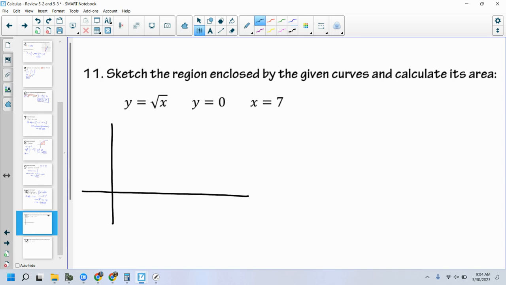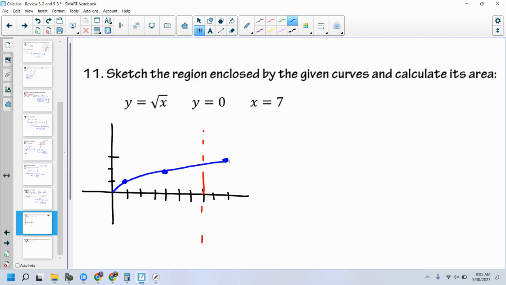So sketching the graph. I know I have y equals 0, that's the horizontal axis. I know I have x equals 7. And then I know I have the square root. 0, 1, 4, 2, 9, 3. The square root of 4 is 2, square root of 9 is 3.